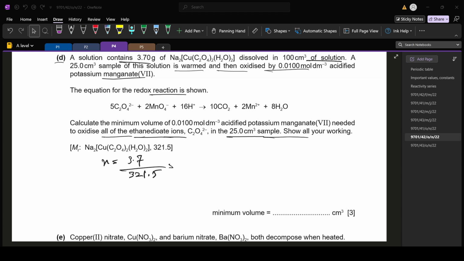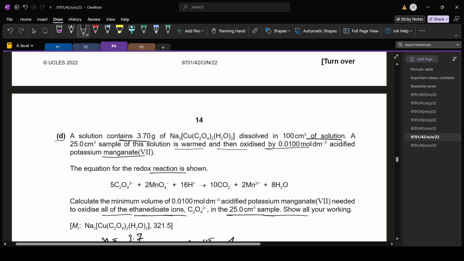So let's find out the moles. The number of moles is going to be 0.0115 moles. But these are the moles of this whole compound. These are not the moles of the ethanedioate ions.